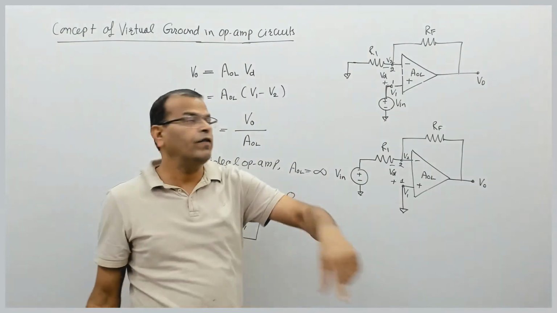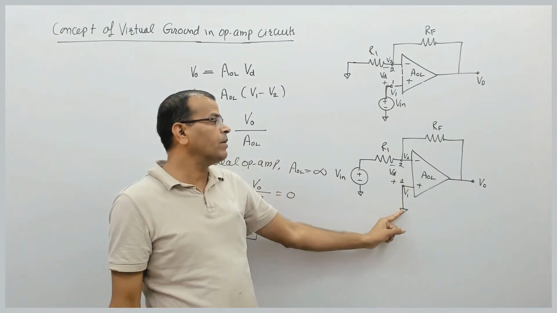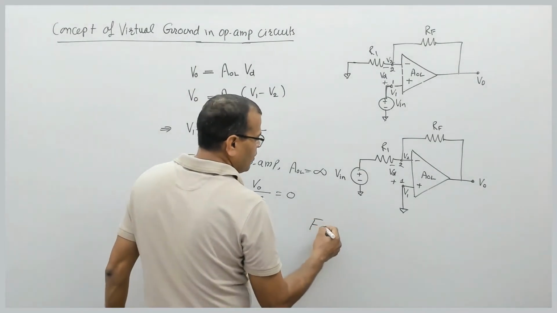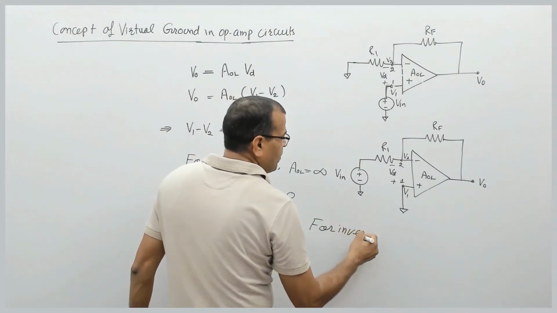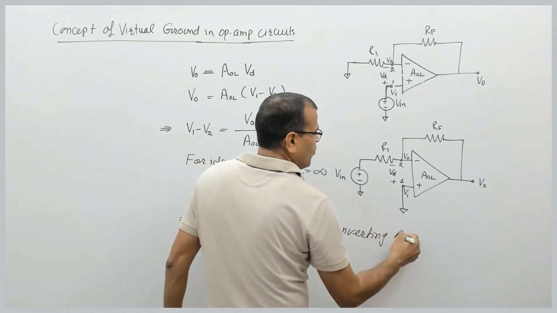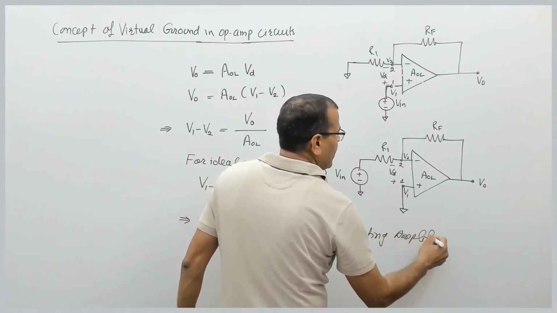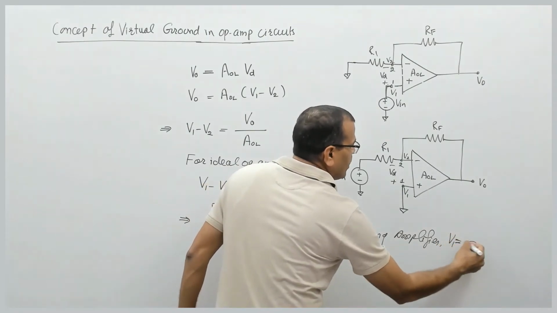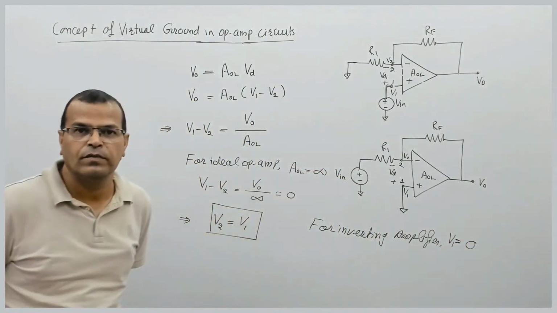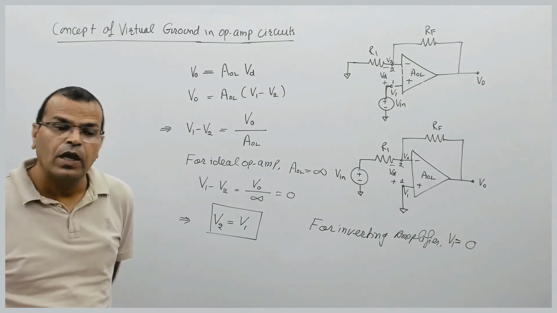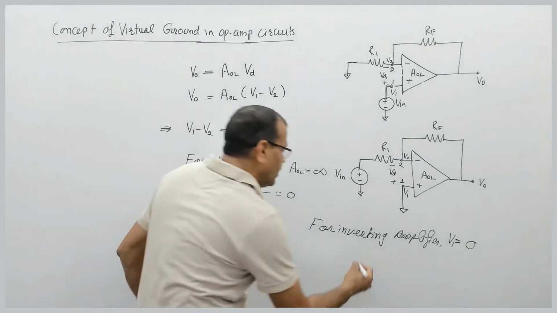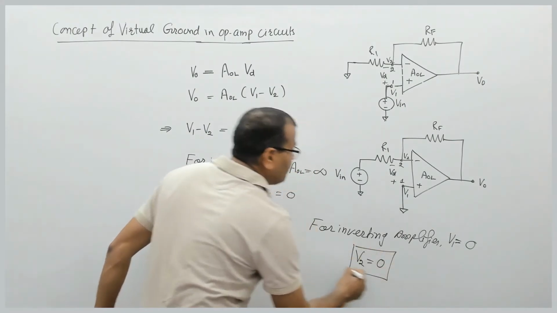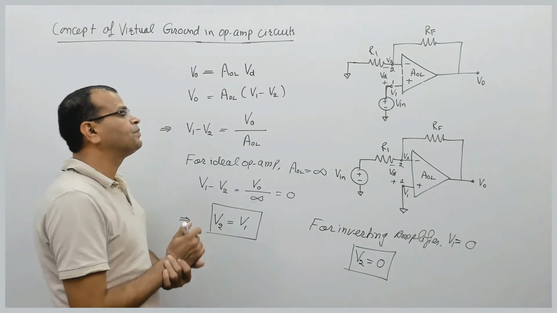But in the case of an inverting amplifier, the non-inverting terminal is connected to ground. So V1 is 0. If V1 is 0, then V2 will also be 0. So now the concept comes.